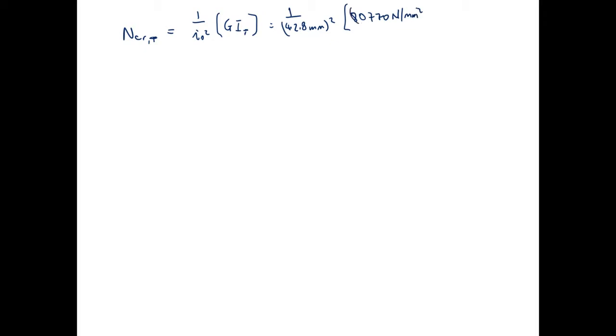And IT is 5.45 by 10 to the power of 4 millimeters to the power of 4. Put all that into the equation and I get 2405 by 10 to the power of 3 newtons, just 2405 kilonewtons.